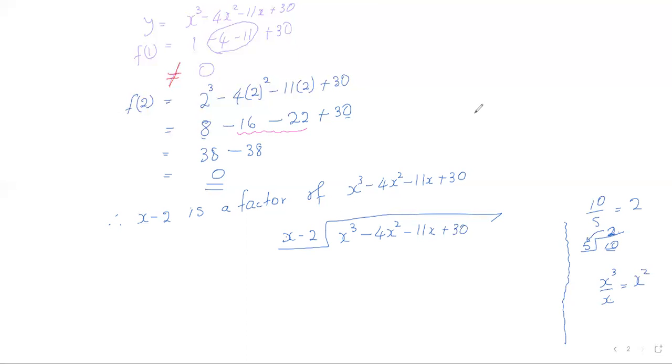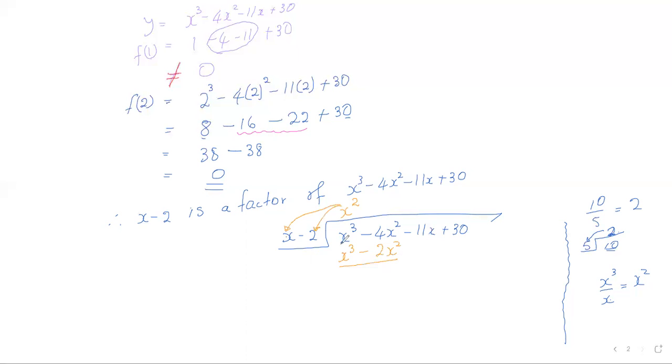So we are going to put x squared here. And from here, we say x times x squared gives us x cubed, and x squared times negative 2 gives us negative 2x squared.